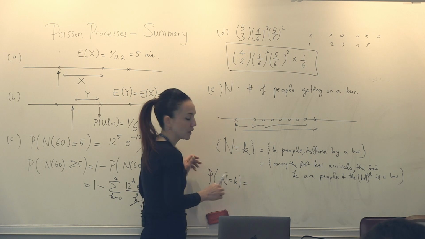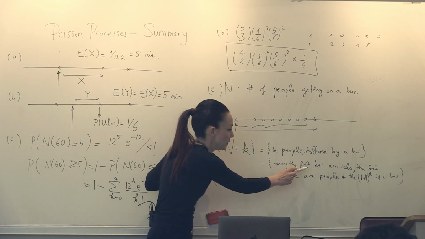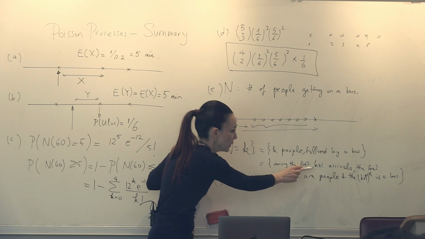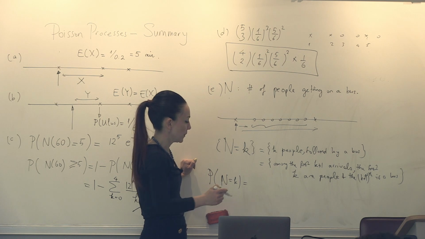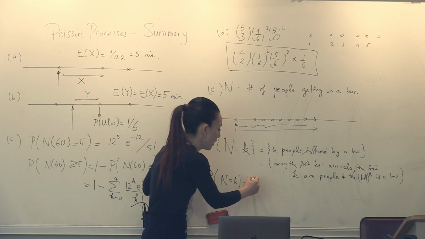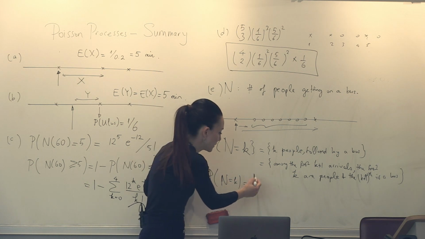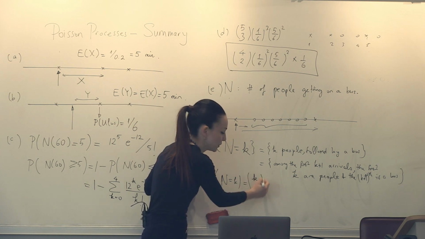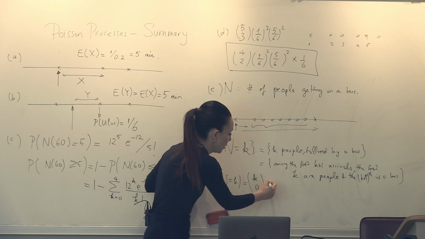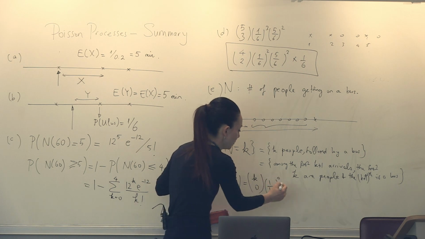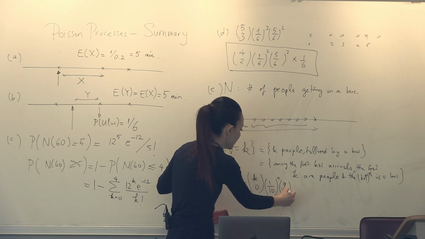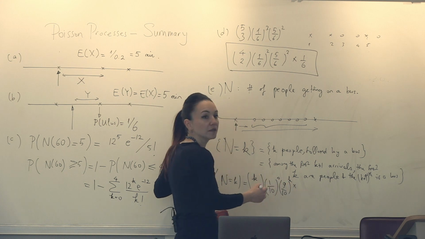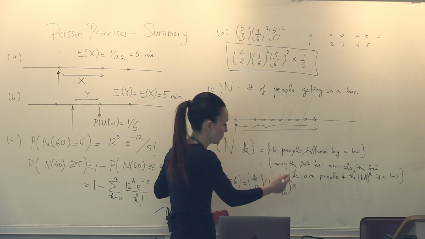Among the first k plus 1 arrivals, the first k are people and the k plus 1th is a bus, right? Out of the first k arrivals, there's no bus, so k choose 0 if you want, 1 over 10 to the 0, 9 over 10 to the k, followed by a bus, because the k plus 1th should be a bus.